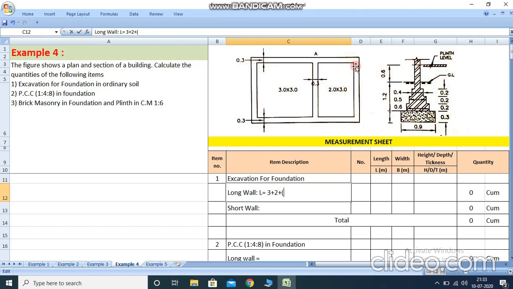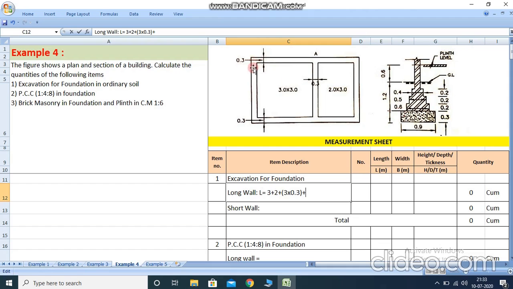So we write 3 multiplied by 0.3, okay, plus we included here, the excavation is done for a foundation.